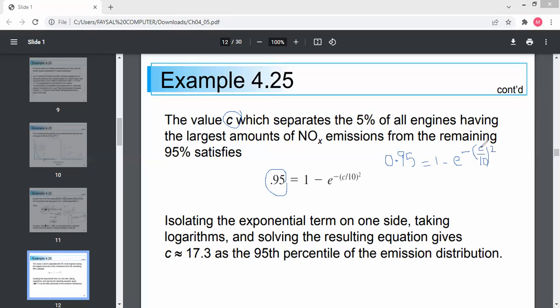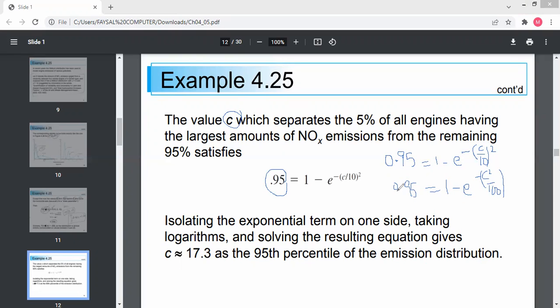I have to find this c. So how to find this c? So this will be 1 minus e to the minus c square divided by 100 equals 0.95.